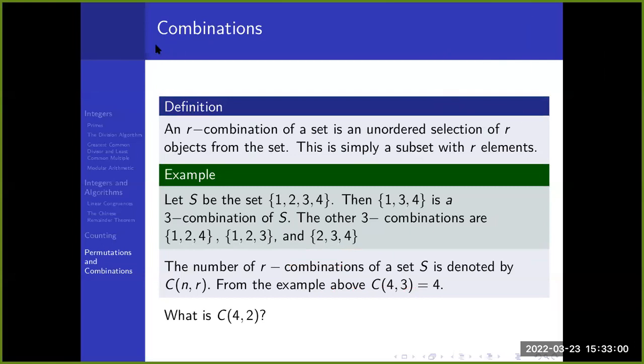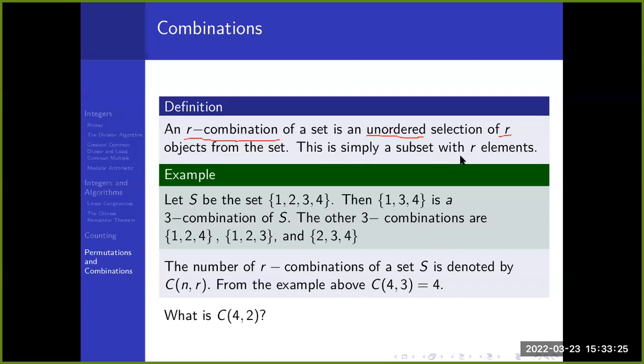Now we want to look at combinations. So here we have a definition. We are defining this: an r-combination of a set is an unordered selection of r objects from the set. So when we work with combinations, we don't care about order. So we say it's an unordered selection.